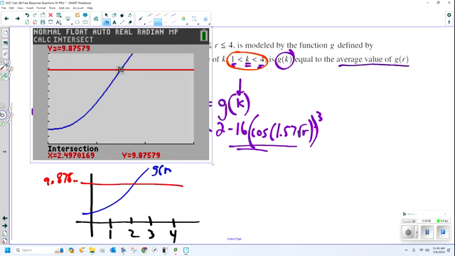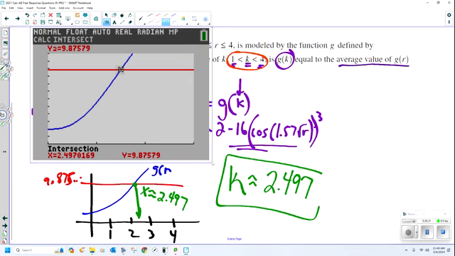That's a 5. It's a very bad 5. But I know now they intersect right here, which is at x approximately 2.497. So they want to know what's the value of k. So you say k is approximately 2.497.